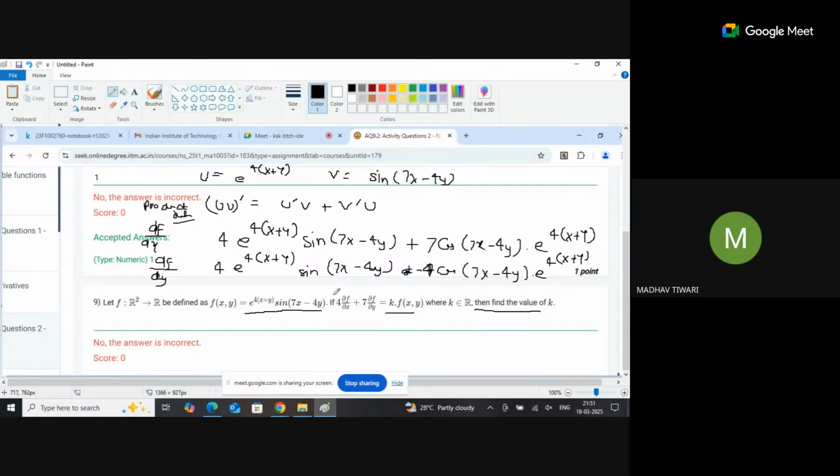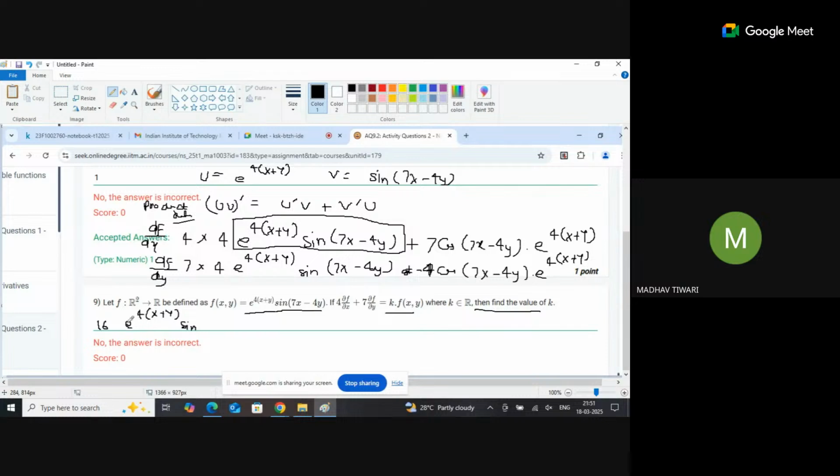So it is given, if I multiply by 4 times this first function, and 7 times this, what will I get? If I multiply by 4, I will get 16 e raised to 4x plus y sine 7x minus 4y. If you look at this part, it is the same as the previous function f.